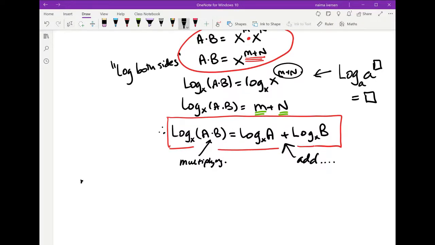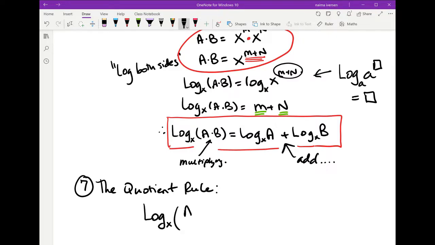Now that leads us to 7, which I don't think I'm going to need to prove because 7 is very similar to 6. And 7 is called the quotient rule for logs. Quotient means divide. And the quotient rule says that we want to figure out what happens with log base x of a over b.